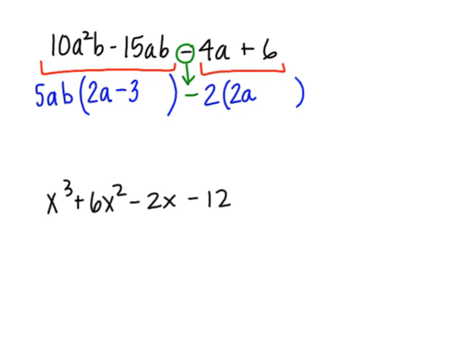So negative 2 times a negative 3 would give me a positive 6. Two negatives would make a positive 6. Now then, what they both have in common, and they are identical, is a 2a minus 3. If I factor those out, what's left behind is 5ab minus 2.